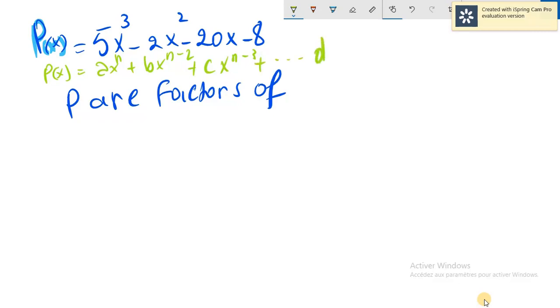So we said that p are factors of d. If you compare this polynomial function to the general form, you would find out that a is equal to 5 and d is equal to negative 8. So a is the first term here and d is the last term here. So p are the factors of the last term, negative 8.